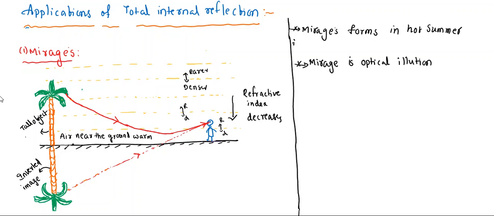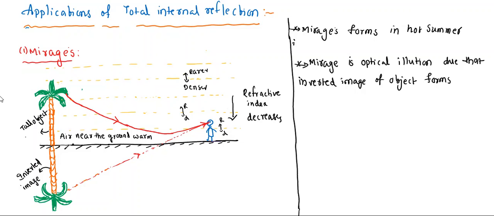Due to the light, an inverted image of an object is observed here. Then how does it form?